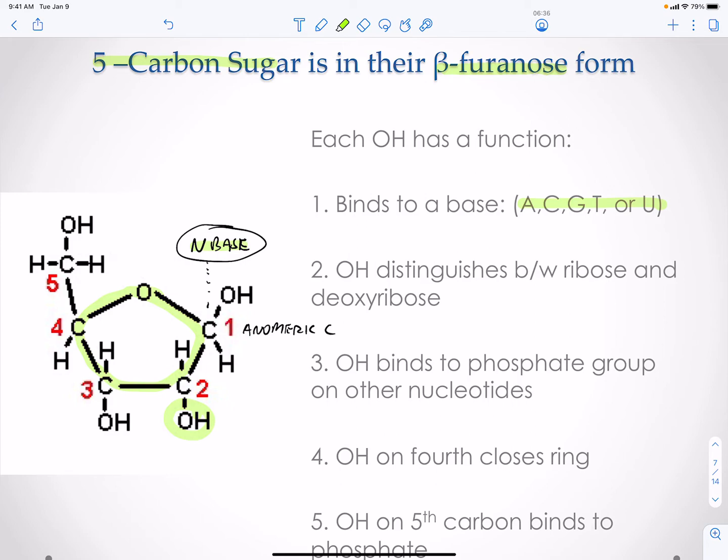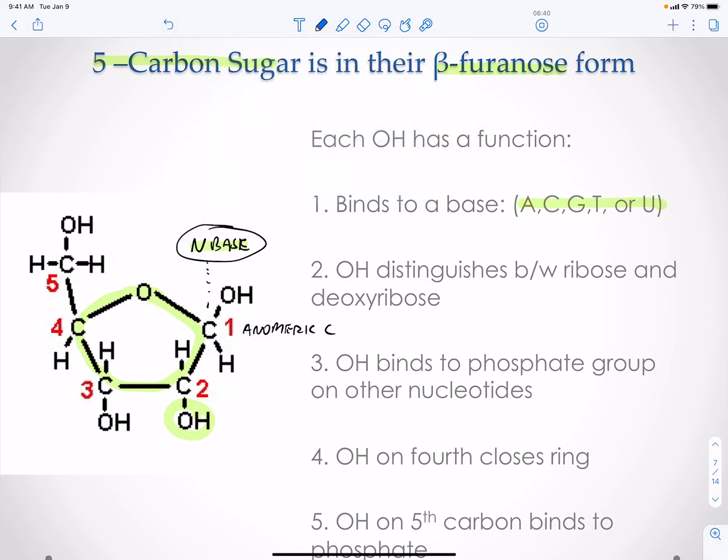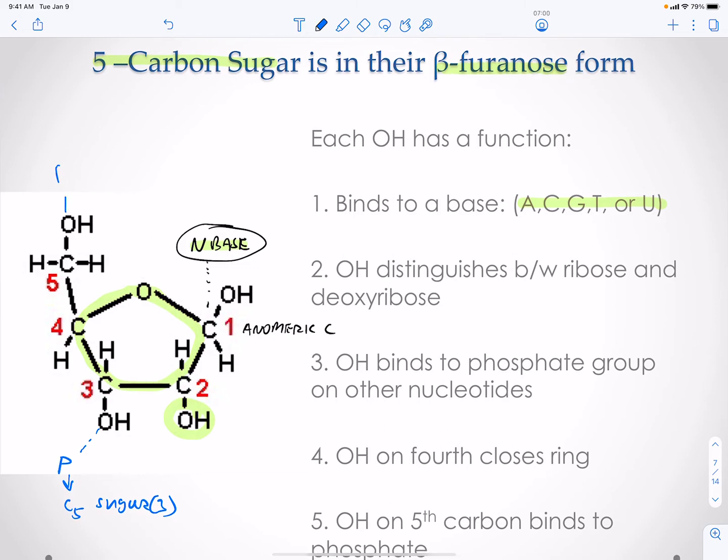We also have, in our 3 position, a bond to a phosphate. So this is going to bind to a phosphate that will then link to another sugar, which will be the 5-carbon sugar of sugar 2, or we'll call this sugar 3. And then our 4th carbon is going to close the ring, and our 5th hydroxyl is going to bind to another phosphate, which is going to bind to the 3' OH of our sugar.